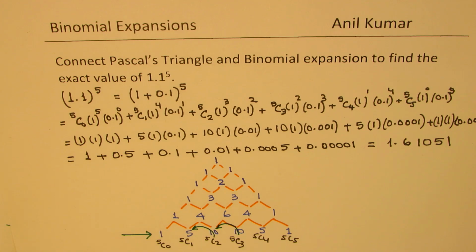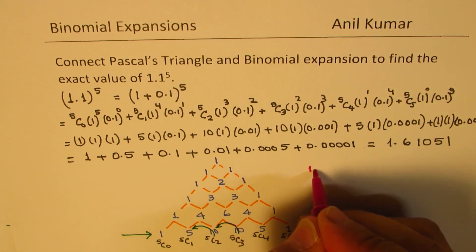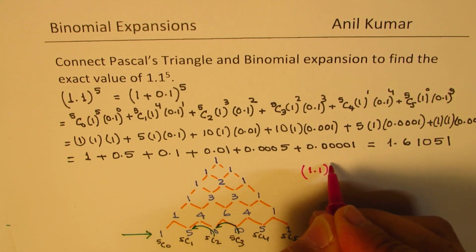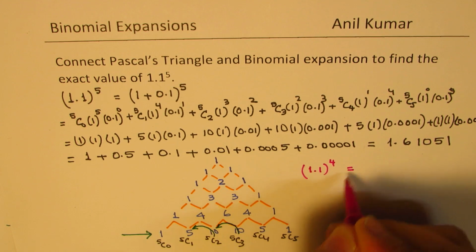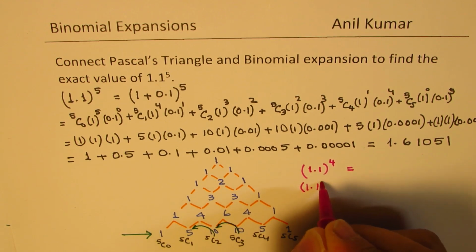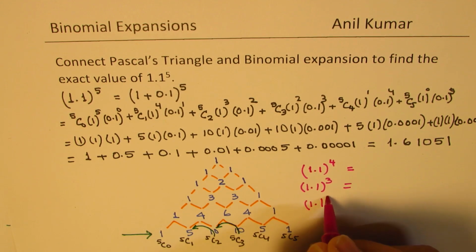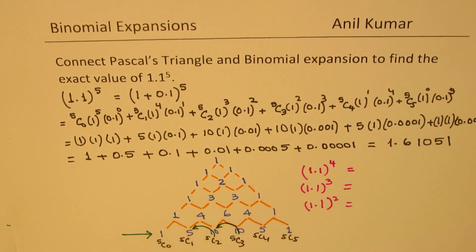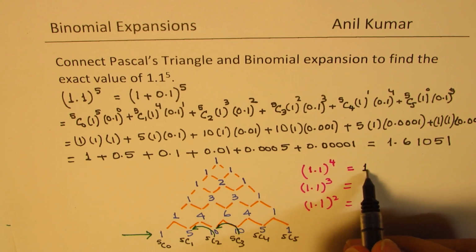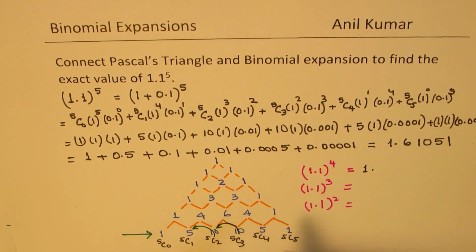Now, my question to you is, you have seen a pattern here. Tell me, what is 1.1 to the power of 4 equal to? Or what is 1.1 to the power of 3? Or 1.1 to the power of 2? Well, 1.1 to the power of 4, you can look at this row and write down your answer, which is 1.4641.